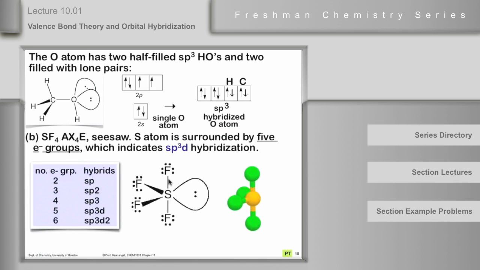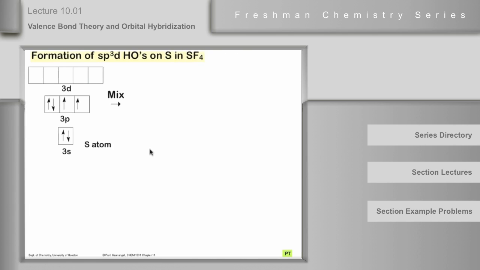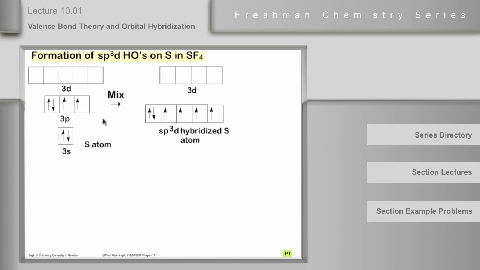Okay? So as you look at this thing, we have, as usual, the sulfur here will have 5 orbitals. 4 of them will be used to bond, single bonds to the fluorine. 1 will be used for a lone pair. Here it is as a sulfur atom, as we saw before. We now mix them. We make 5 sp3d hybrid orbitals nicely together, the way you see them there. And we count the electrons, 2, 4, 6. So we put in 1, 2, 3, 4, 5. Then we pair that one up.